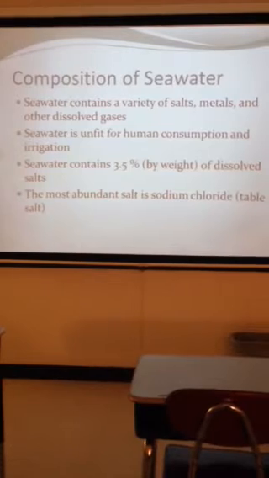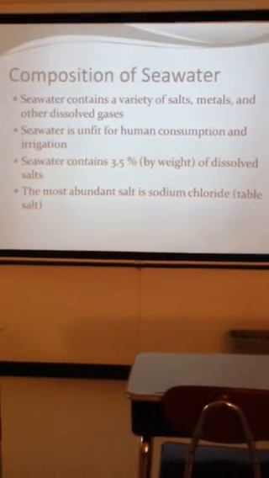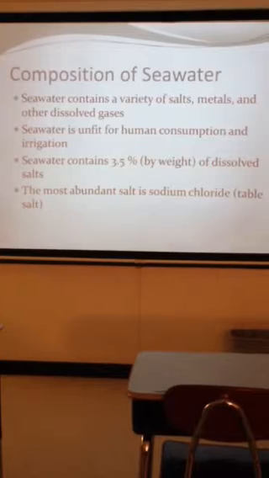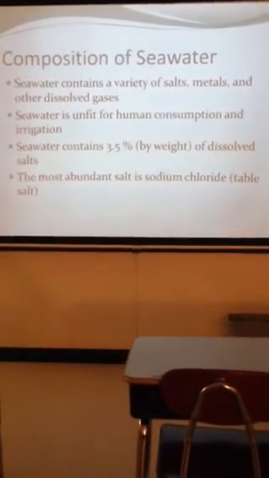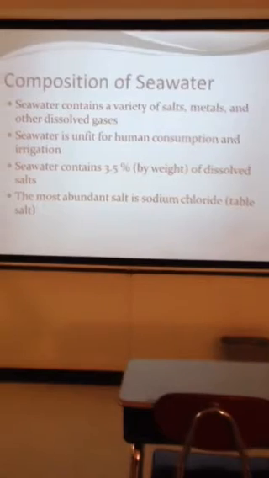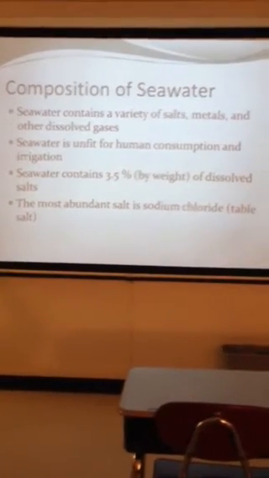Seawater contains 3.5% by weight of dissolved salts. So this means 3.5 out of the 100 grams of water is salt, and the rest of it is water. The most abundant salt is sodium chloride, which we know as common table salt.